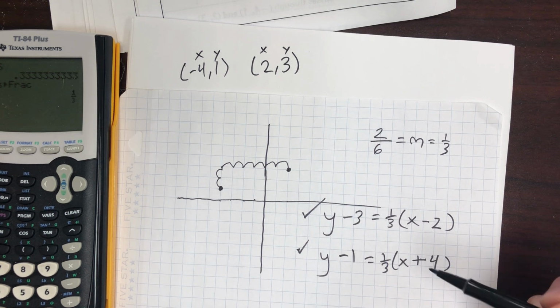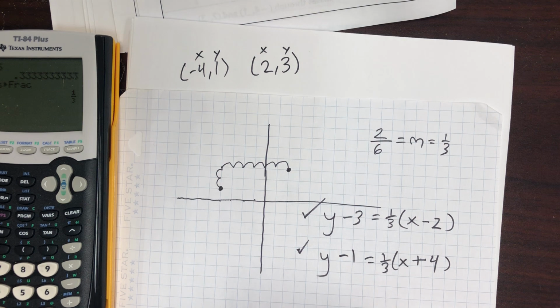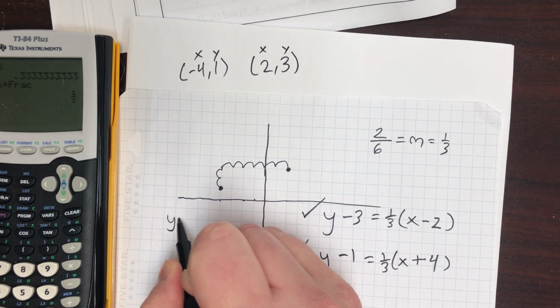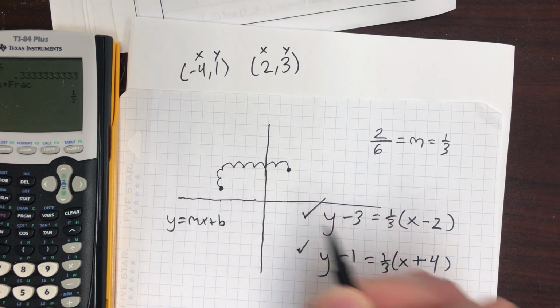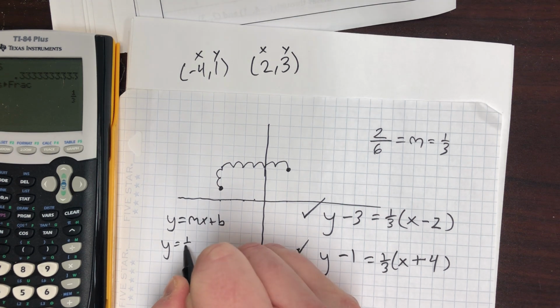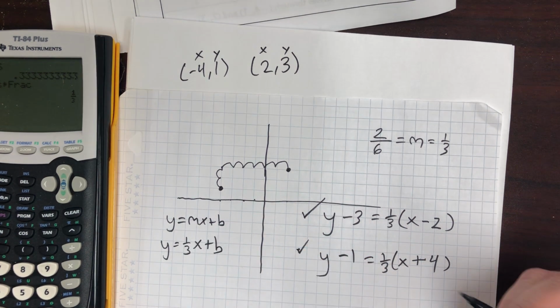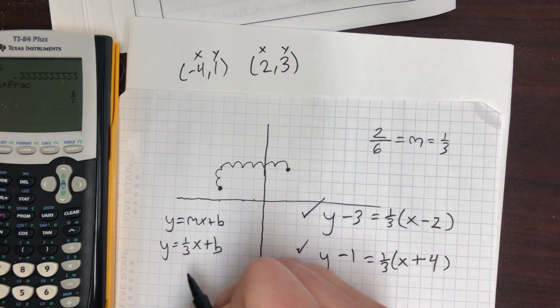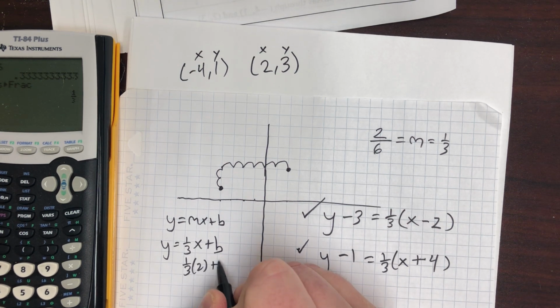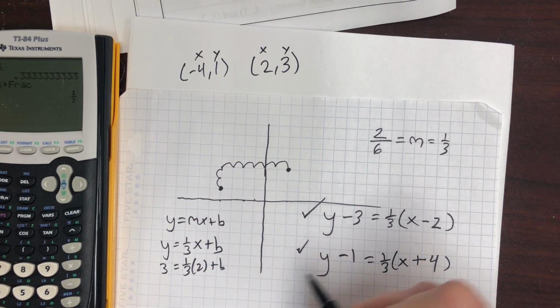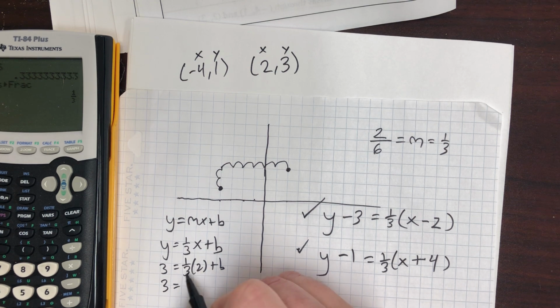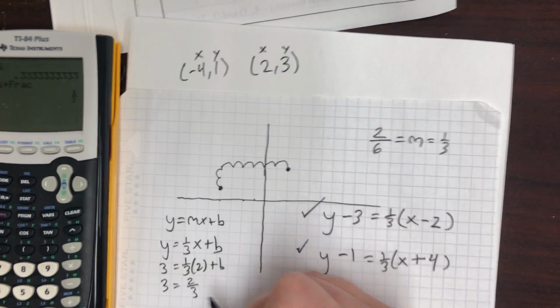There's still another way I could do this. I don't recommend it, but it will work. I can say y equals mx plus b, and I know that m is 1/3, so y equals 1/3 x plus b, right? And I can solve this. I can plug in the 2 for x, the 3 for y. I get 3 is equal to 1/3 times 2, that's 2/3 plus b.